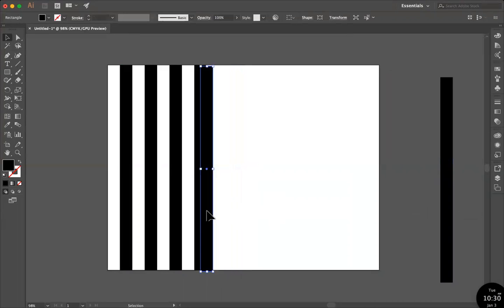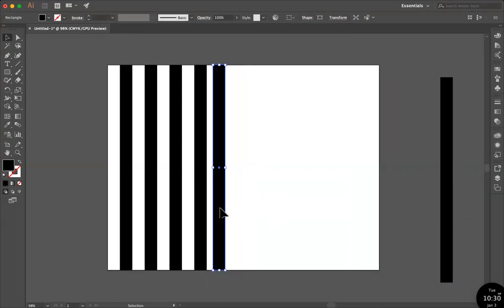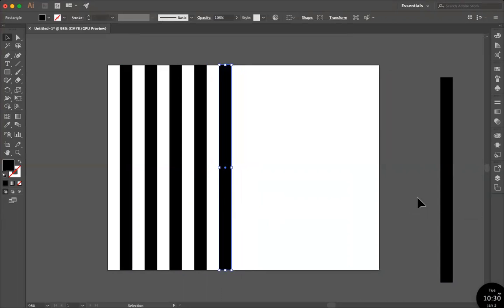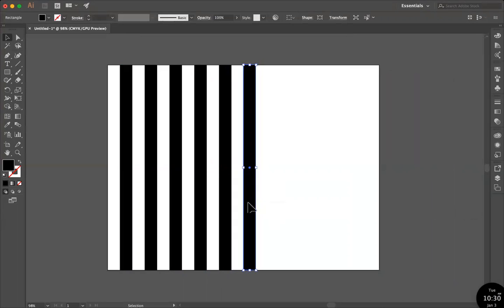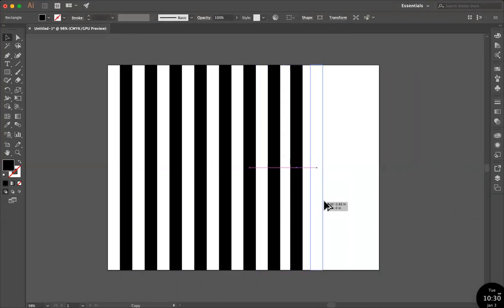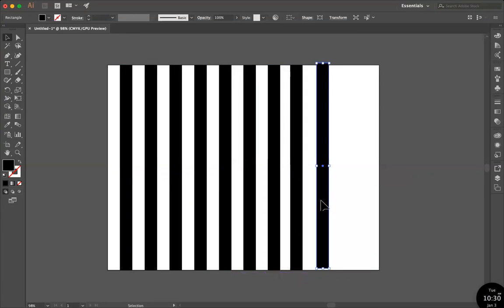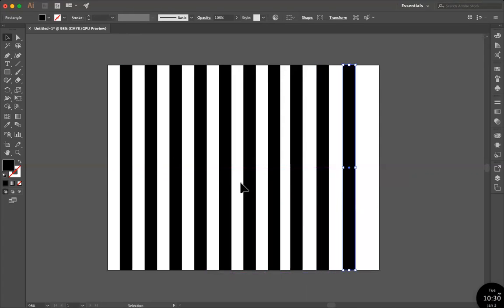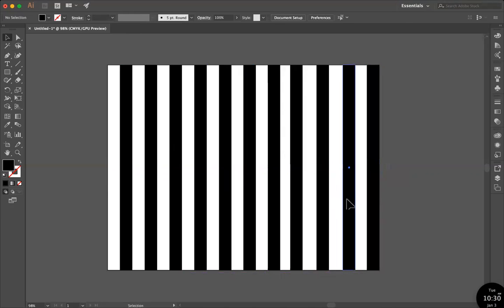That one's in the wrong place. Now, if I was doing this professionally, I would be fine-tuning to make sure that everything is exactly where I wanted it, spacing-wise, but we will count this as close enough for our purposes.